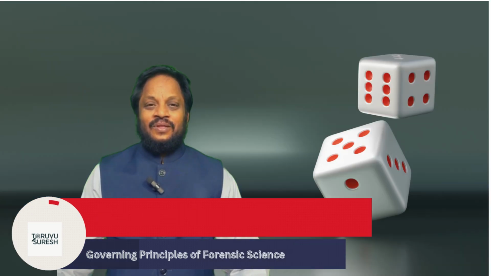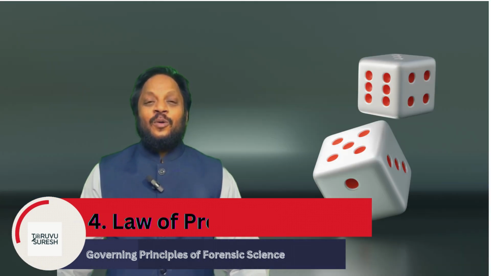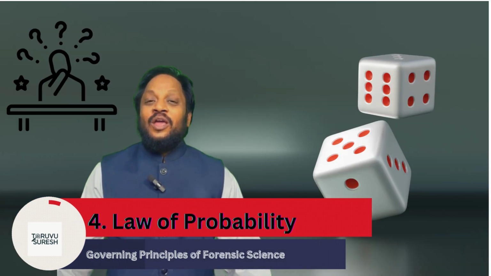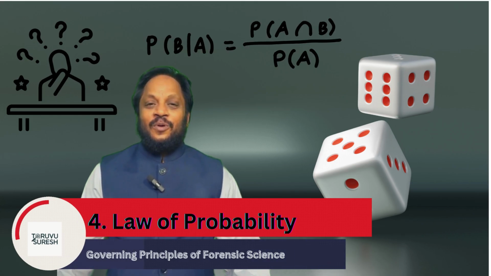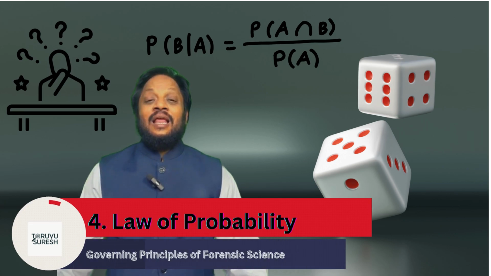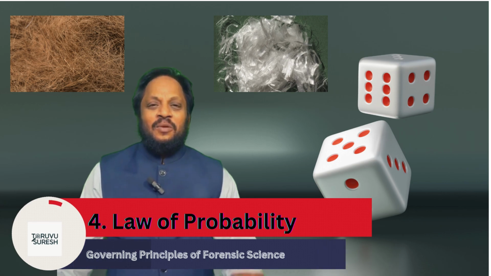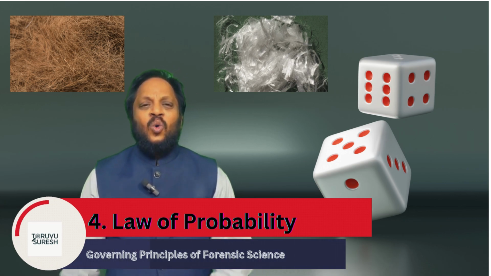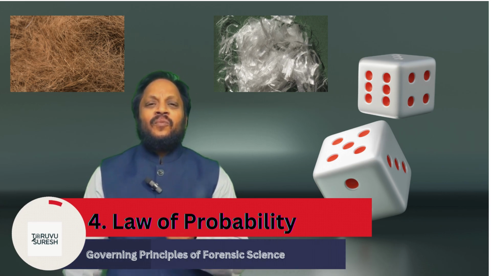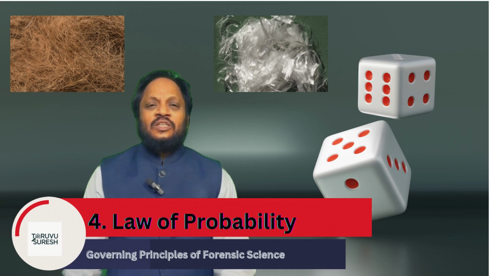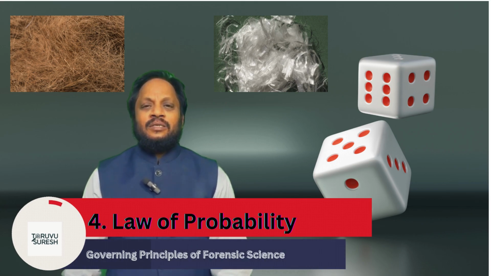Fourth one, law of probability. Moving on, we have the law of probability. This principle helps forensic scientists determine the likelihood of certain events or matches. For example, when we're finding a fiber at the crime scene, the probability can suggest how likely it is to come from a common source, such as a certain type of carpet.